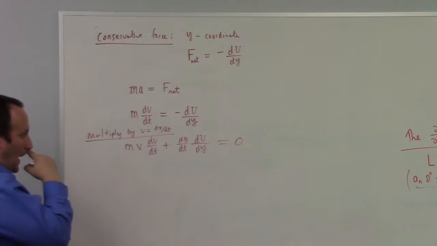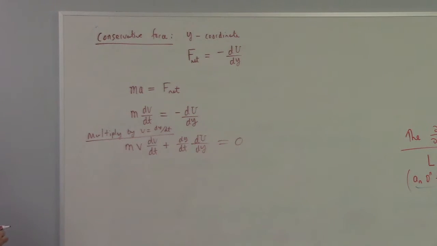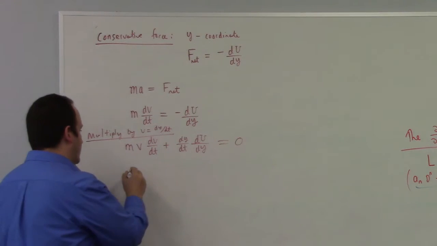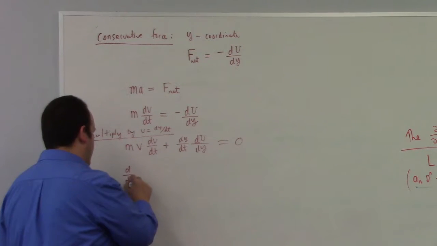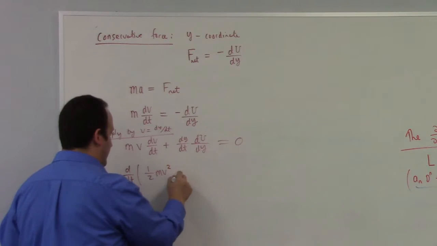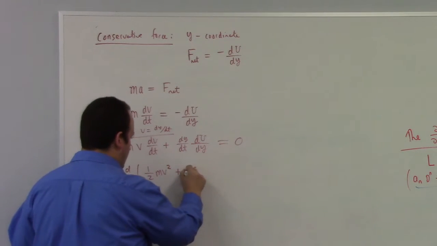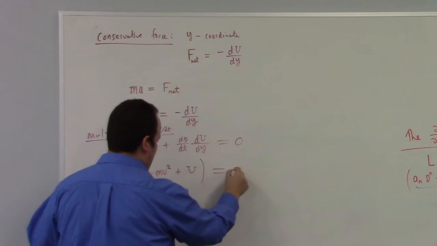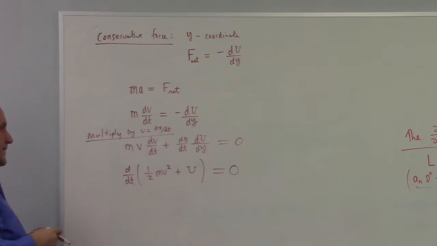All right. Now, if you tilt your head and squint, you can see what we're really looking at is the time derivative of 1/2 mv squared plus u equals 0. Now there I've made an identification that I'm rewriting the potential energy as a function of time. Basically, I'm plugging in y as a function of t into the potential energy function.